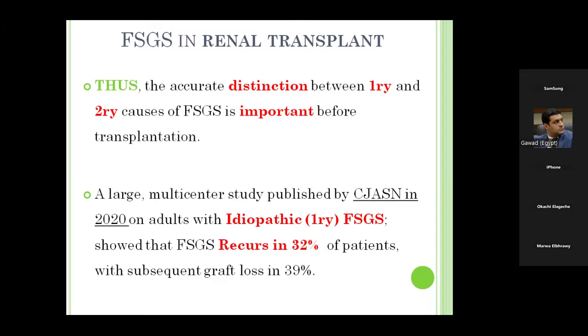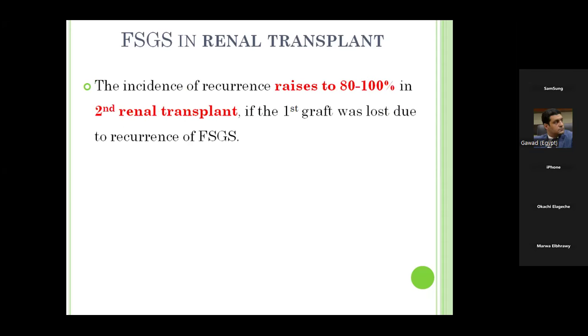A study published in the Journal of the American Society of Nephrology in 2020 mentions that idiopathic or primary focal segmental glomerulosclerosis recurs in about 32% of patients, with subsequent graft failure in 39%.